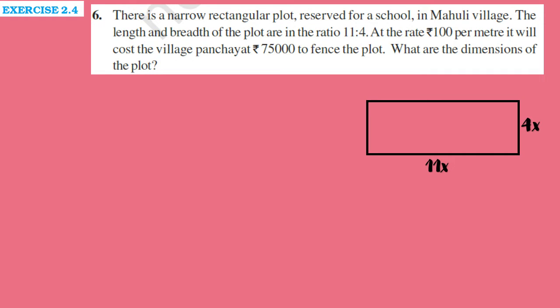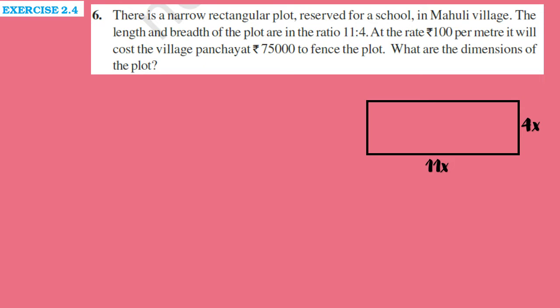And the cost of fencing at the rate of 100 per meter. Per meter it is 100 rupees. So what will be the cost of fencing for this entire rectangular plot? That will be the perimeter of the plot into 100, is it?